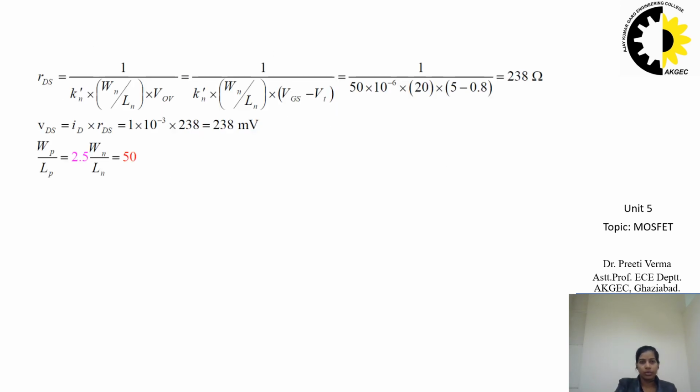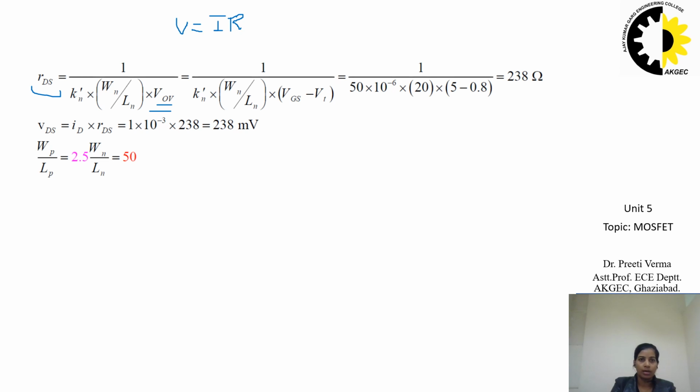Solving this question, RDS is defined using V equal to IR. So using this equation, we can find R as V by I. Here V is our overdrive voltage, VGS minus VT.